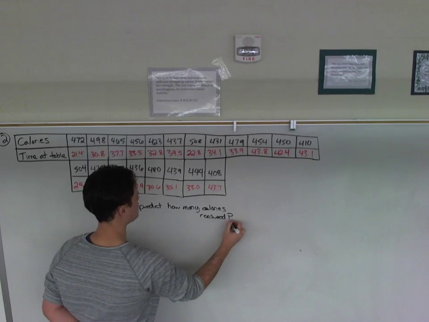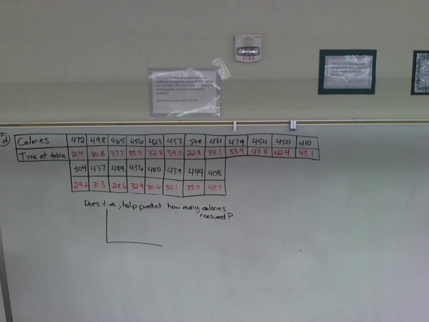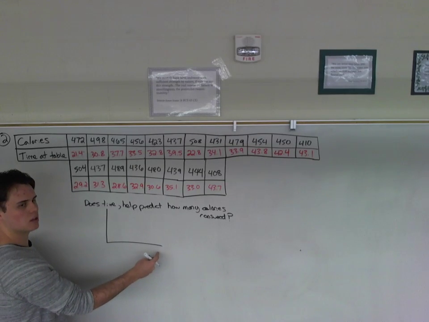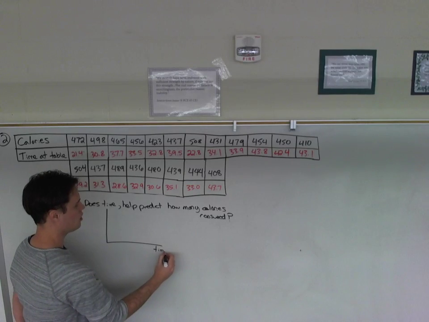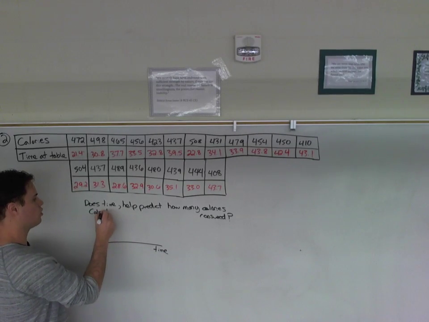So I think that tells us something important right there. That means they're saying what is X and what is Y in this situation, because it could be either way. And most of the time it doesn't matter a whole bunch, but they asked a specific question. They said, does time allow you to predict calories? So what's X then? Time. They're asking, does time drive calories?